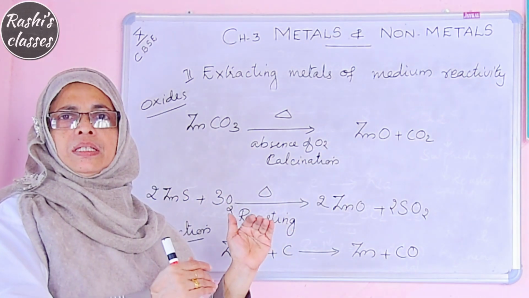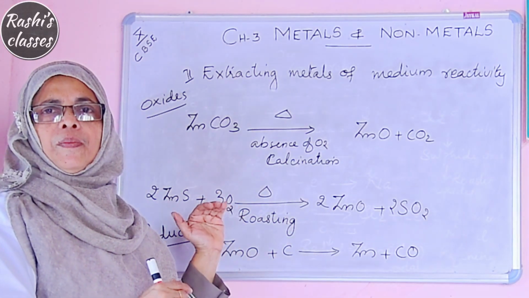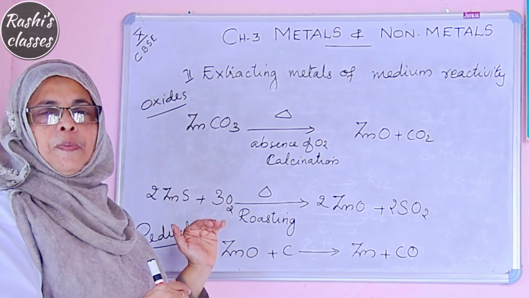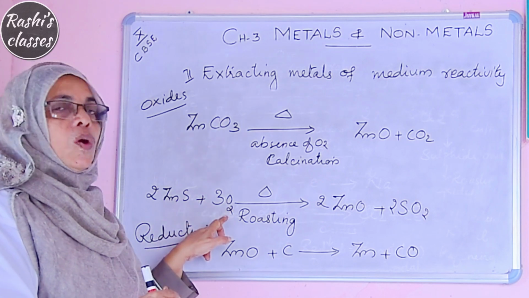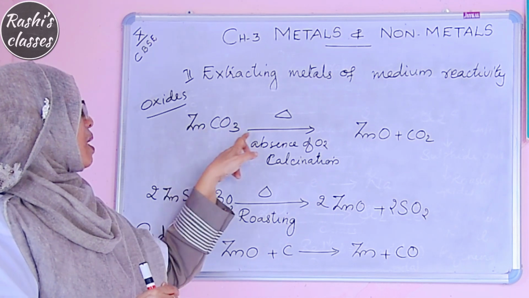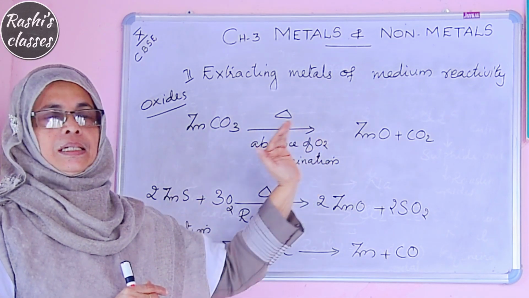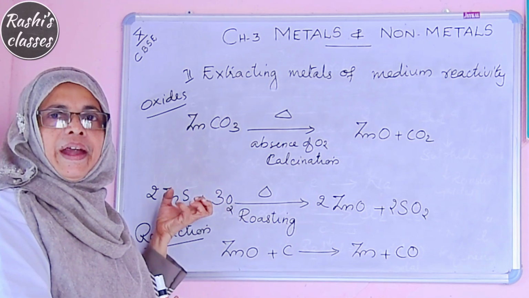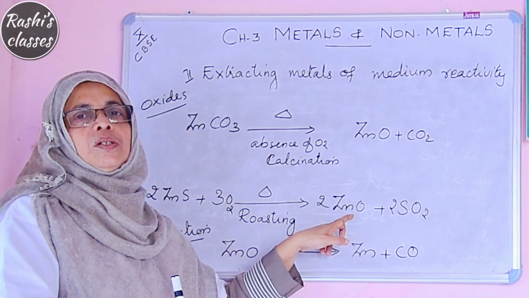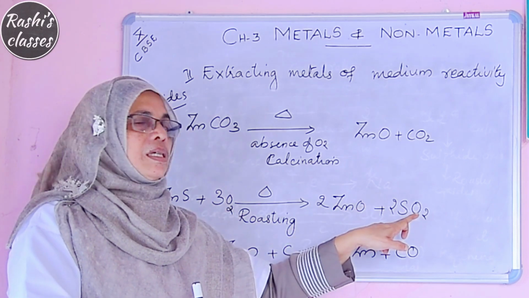And if the zinc ore is in the form of sulfide, the process is roasting. Zinc sulfide plus oxygen. Here zinc carbonate only we are heating, but here in the presence of oxygen, so oxygen is added. It is changing into zinc oxide and sulfur dioxide.